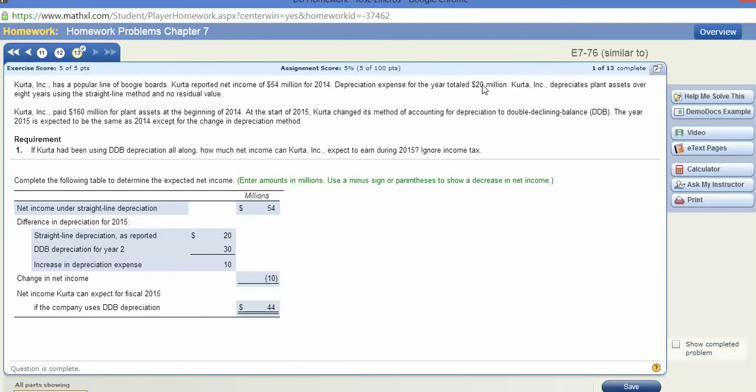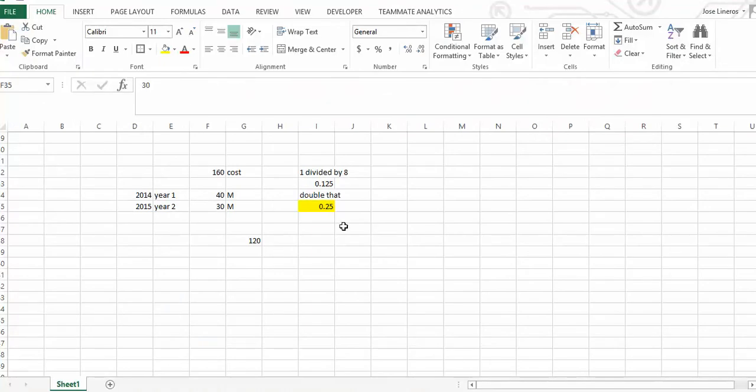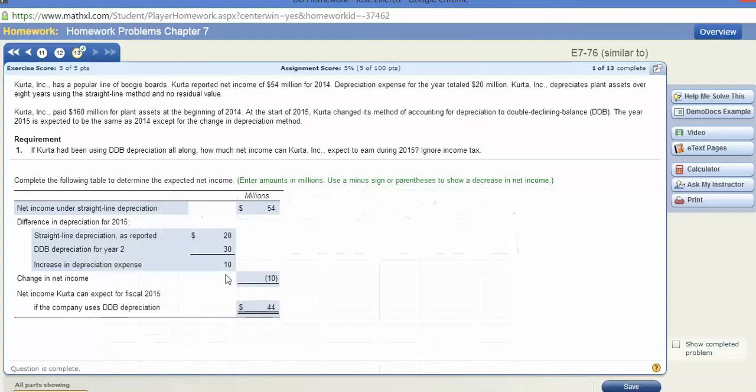It tells you it's 20 million. We know that double declining balance depreciation for year 2 is right here. It's basically the 160 minus the 40 million, which is the current net book value, times the 0.25. So the 120 times the 0.25 gives you the 30. You show here that there's an increase of $10 million in depreciation, and if depreciation expense is going up 10 million, net income has to come down because that's a write-off of income.